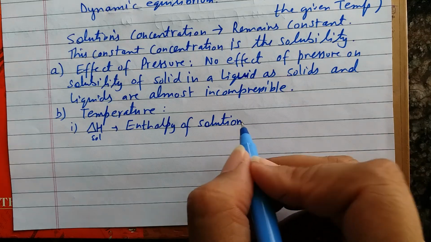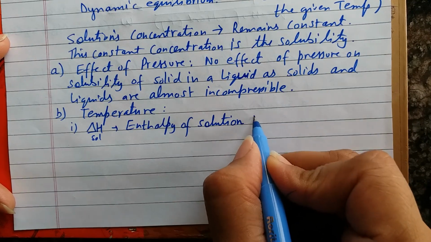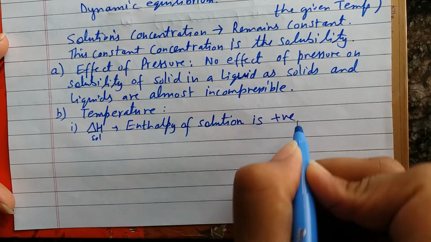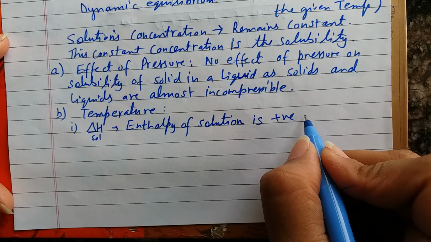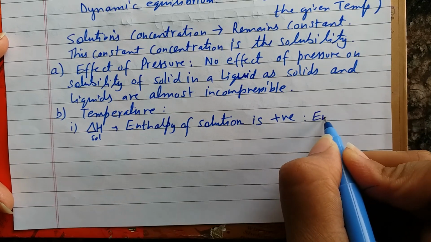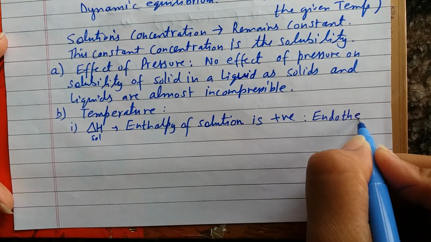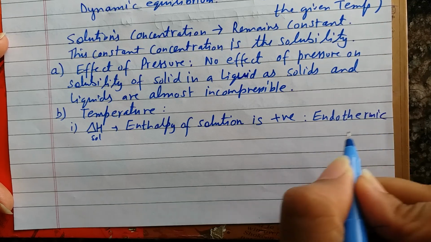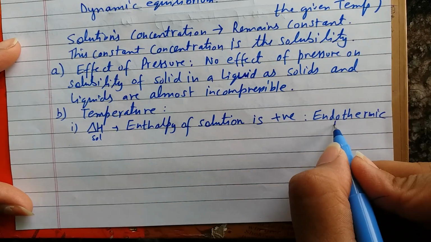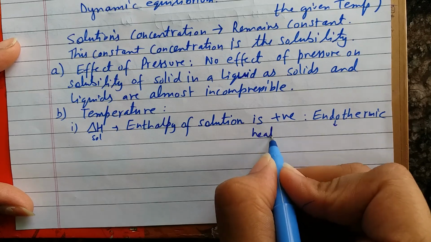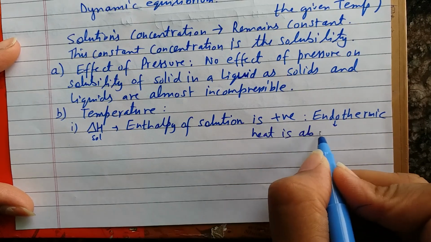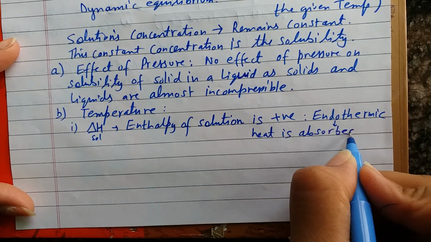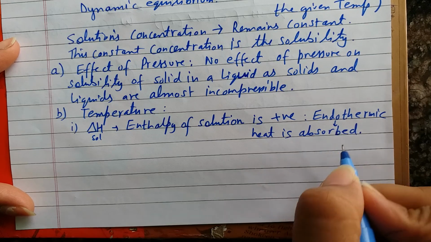So if the enthalpy of solution is positive, then such a process is endothermic. And what are endothermic processes? Endothermic processes are the ones in which heat is absorbed. These processes absorb heat, so they are favored when they get more heat.